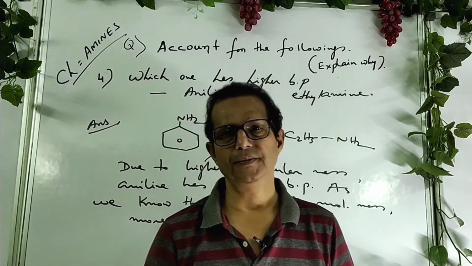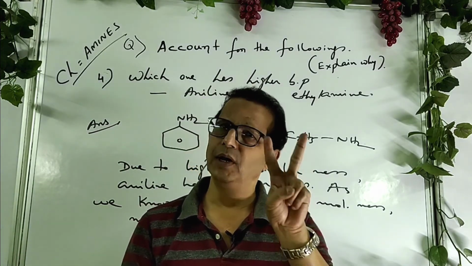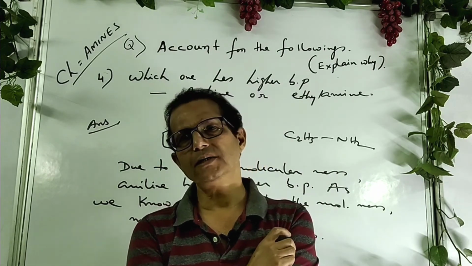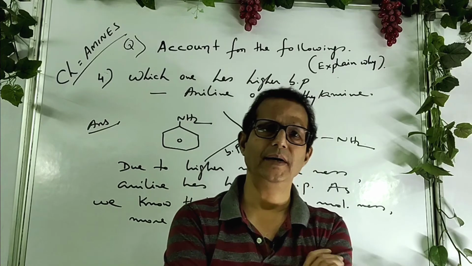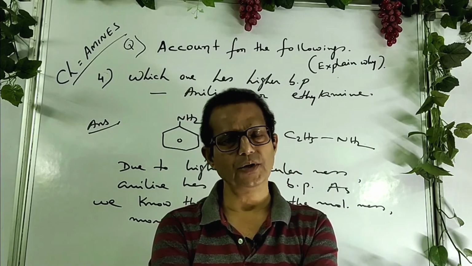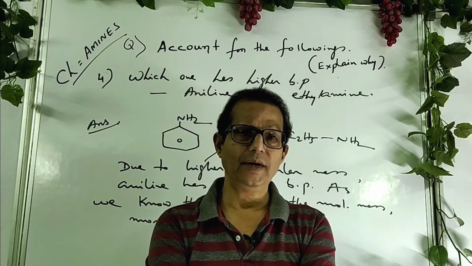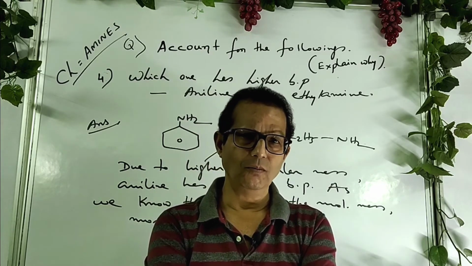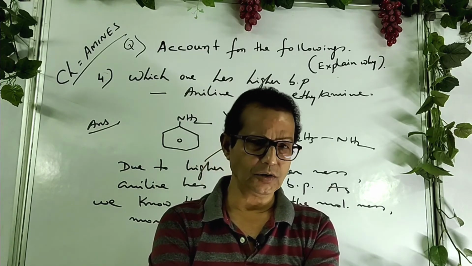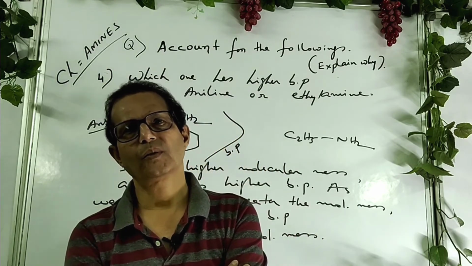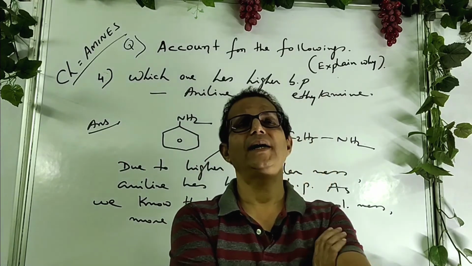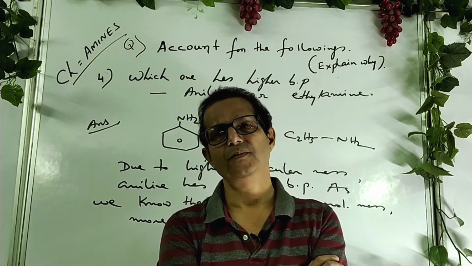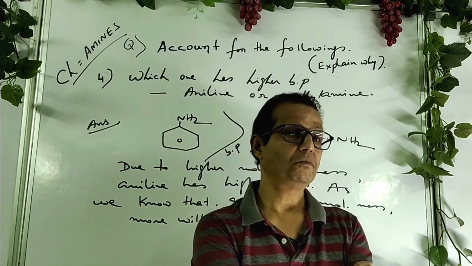Now the question: there are two compounds, say one is alcohol, another is amine, primary amine. You know that alcohol contains an OH group, primary amine contains an NH group, so both form associated molecules by hydrogen bonding. Say if I say that both have comparable molecular mass, nearly same, how do you explain it?